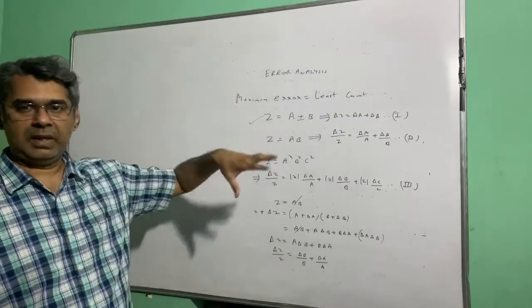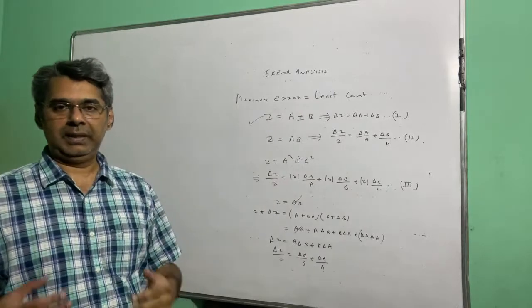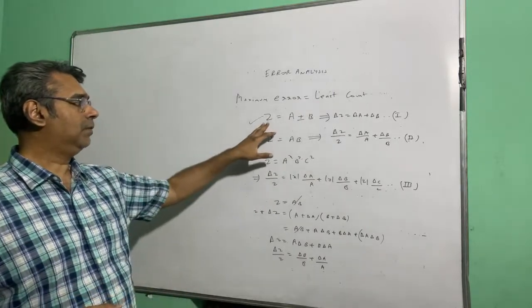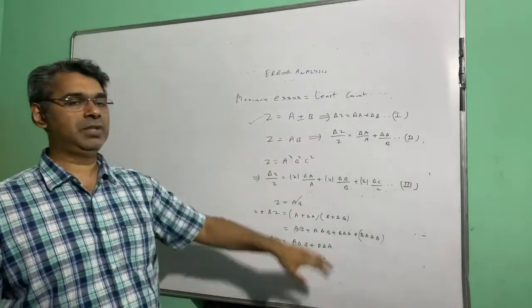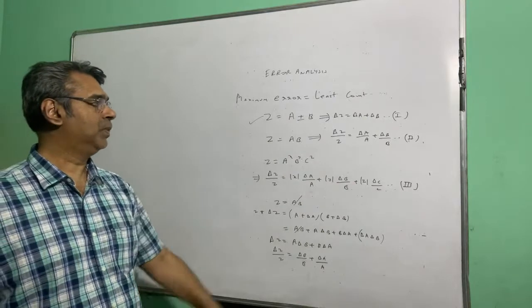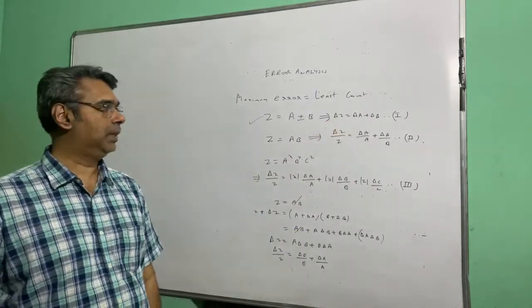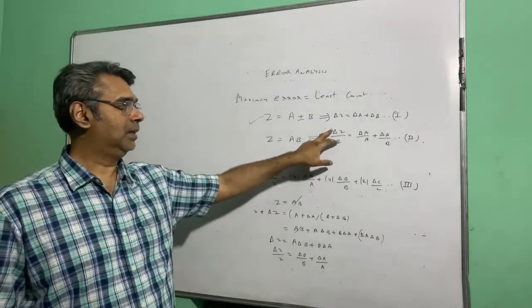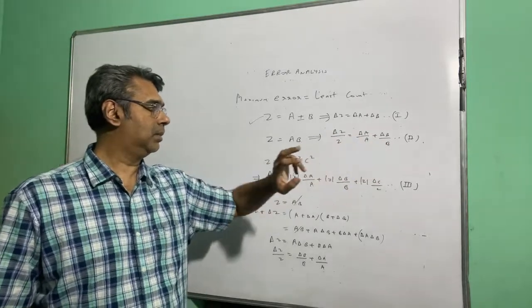So let's just summarize the theory. The maximum error of any measurement is equal to the least count of the instrument. If you have a quantity Z which depends on A and B as per the relation A plus B or A minus B, then the maximum error of Z will be maximum error of A plus maximum error of B. This is number 1. If Z is A multiplied by B, then the relative error of Z is delta A by A plus delta B by B. This is number 2.